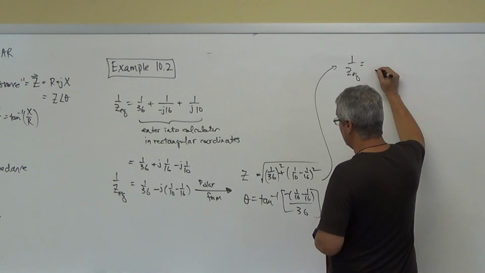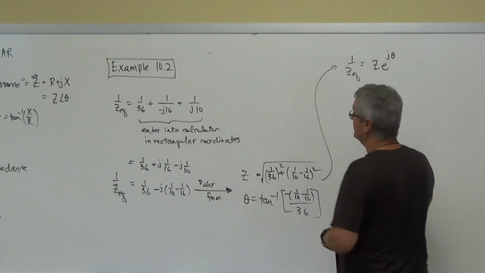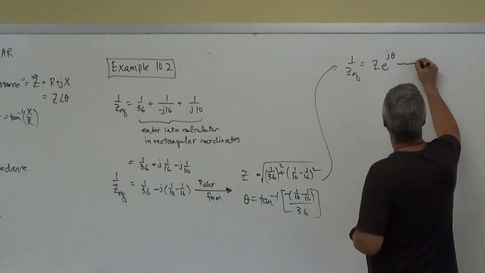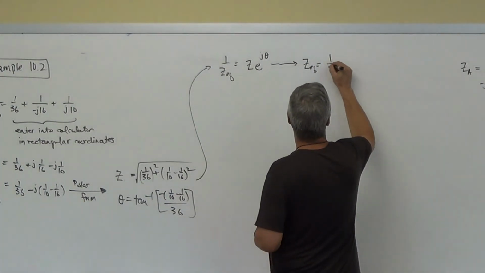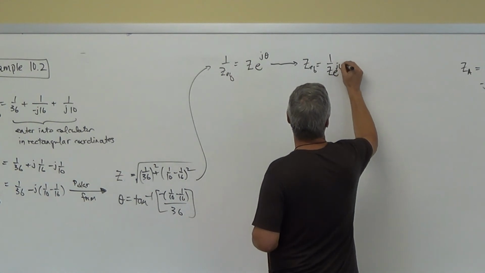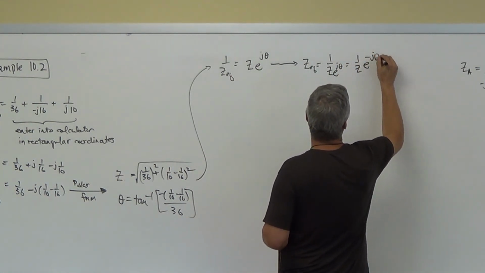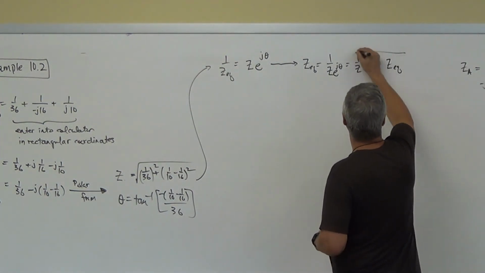That's then going to look like what? Z e to the j theta. So I want the equivalence. What's the equivalence? So then z equivalent is going to be 1 over z e to the j theta, which is 1 over z e to the minus j theta. And that will give me my equivalent value right here.